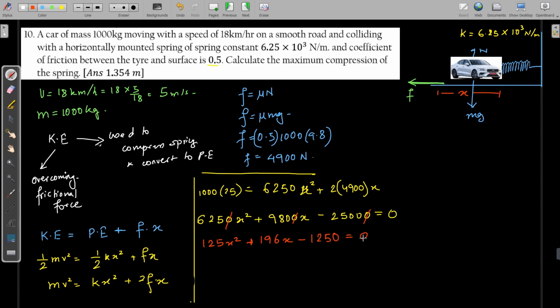Okay. So now from here, how can we calculate? Is it possible for us to calculate from here? We can use Sridharacharya's formula.